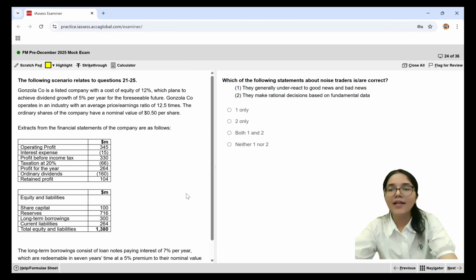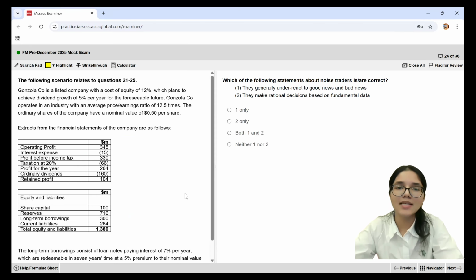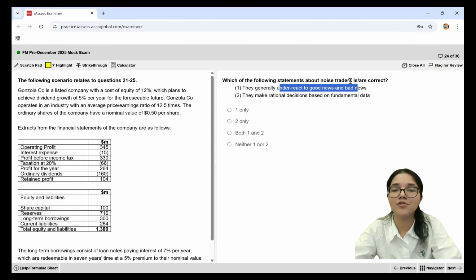Moving towards the second last question based on this case study: which of the following statements about noise traders is or are correct? The first statement says that they generally underreact to good news and bad news. Noise traders are the people who do not do any sort of analysis and they just keep on overreacting to the news.